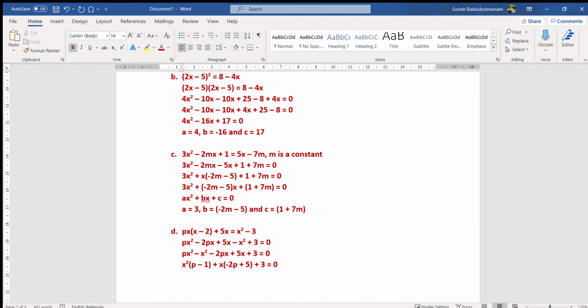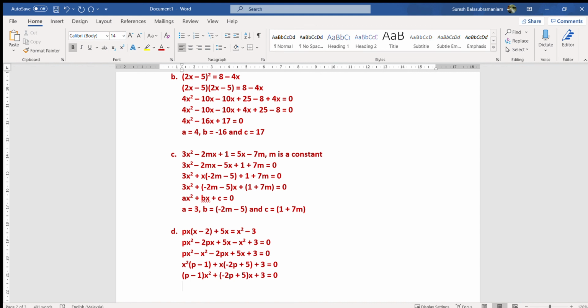So I can write again the equation to look it better. I can say p minus 1 x square plus open bracket negative 2p plus 5 x plus 3 equals to 0.